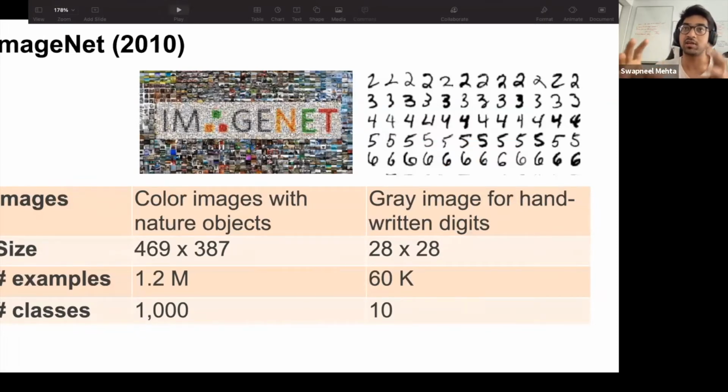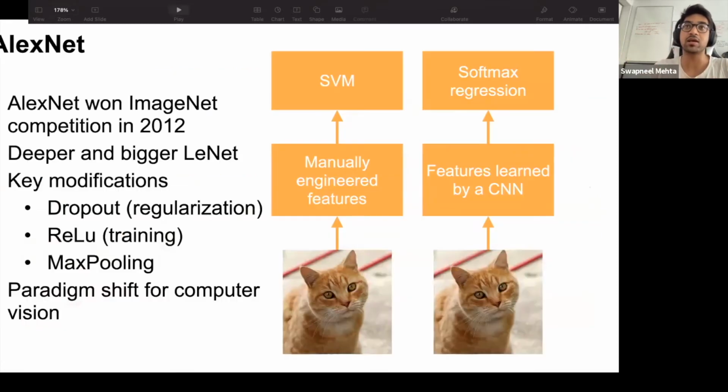This is a more general data set, moving towards more general object detection methods. It has 1,000 classes and far more examples. Plus, the examples are now color images, so there are 3 channels, and the images are of a much higher definition, which means bigger size.